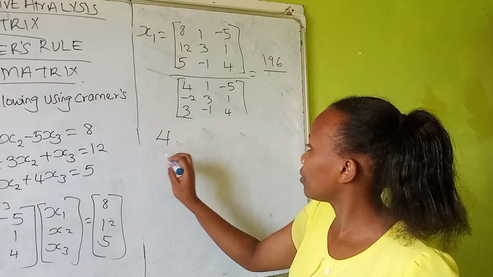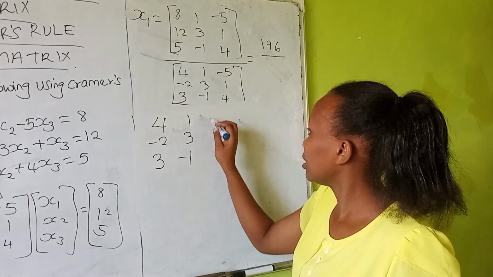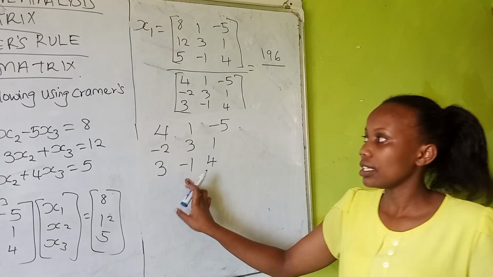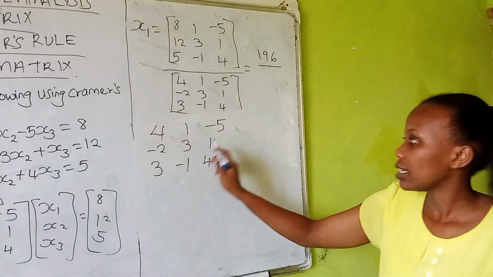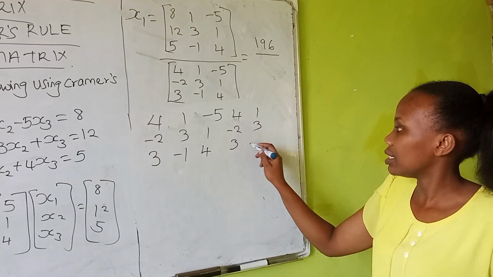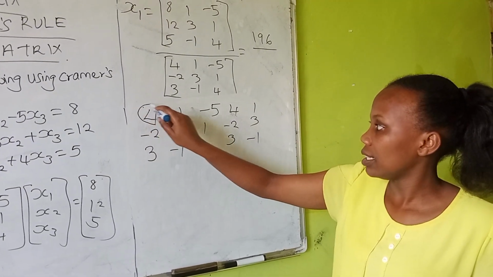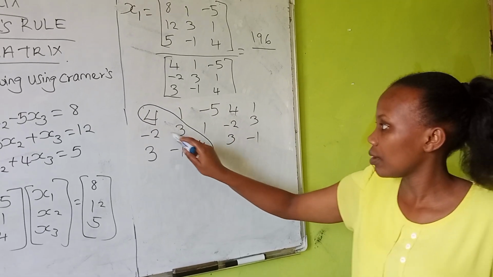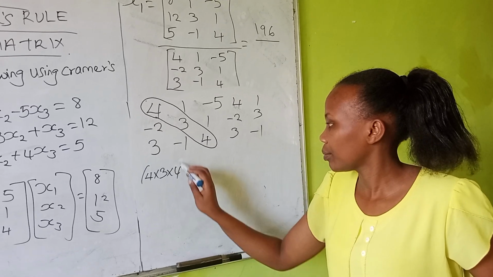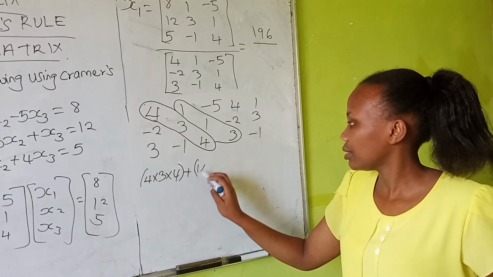So it's going to be 4, negative 2, 3, 1, 3, negative 1, negative 5, 1, and 4. So you repeat the first two columns, 4, negative 2, 3, 1, 3, and negative 1. Then you start multiplying them diagonally. 4 times 3 times 4. You add 1 times 1 times 3.